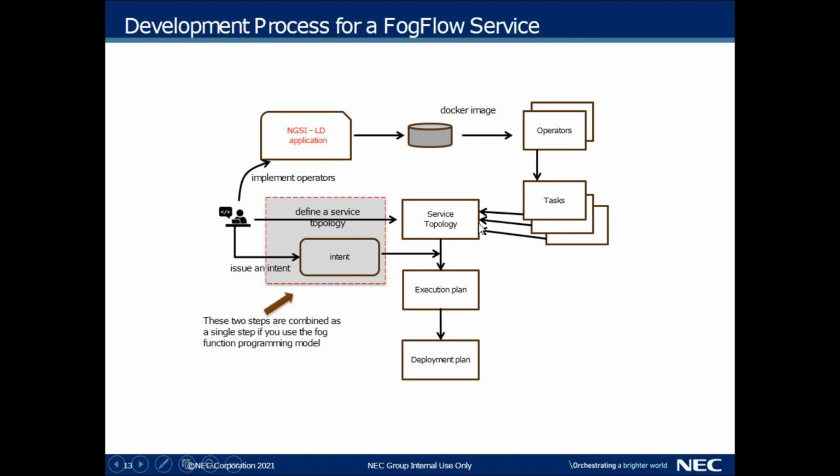Using that, you can create the Docker image and upload it to Docker Hub. Then in the FogFlow dashboard, you can create the operator. You can align that Docker image with that operator, and that operator can be used in any task. Then when the task is executed by the service topology, there is an execution plan and deployment plan.